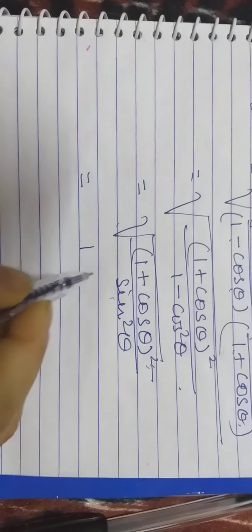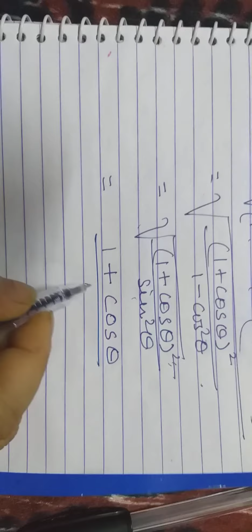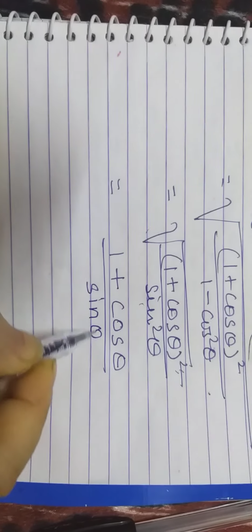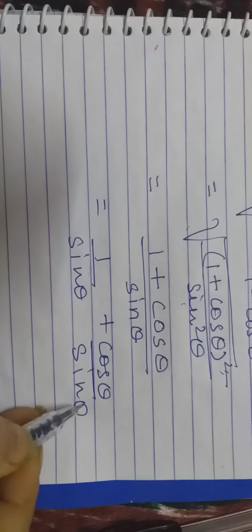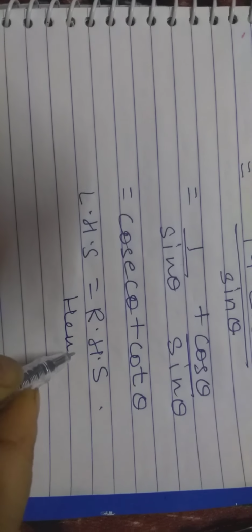I'll get 1 plus cos theta upon sine theta, so 1 upon sine theta plus cos theta upon sine theta. I'll get cosec theta plus cot theta. Here again my left hand side is coming to right hand side. Hence proved.